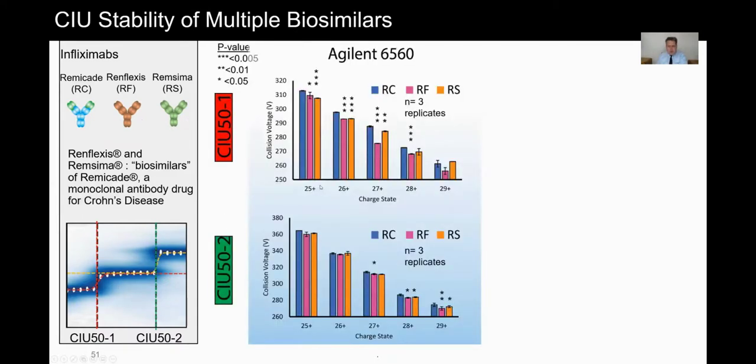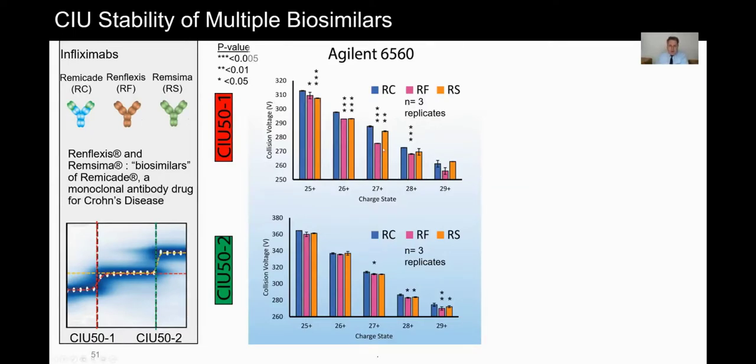Now, we also, in the drift tube systems, can monitor multiple charge states simultaneously. So we're looking at the 25 through 29 charge states, and we're looking then at the CIU50 points for these various charge states, and we're looking at that at both the first inflection here, plotted above, and the second inflection here for the second transition, plotted below.